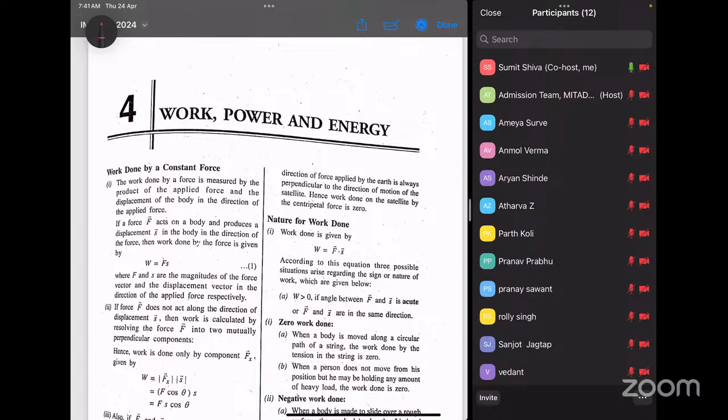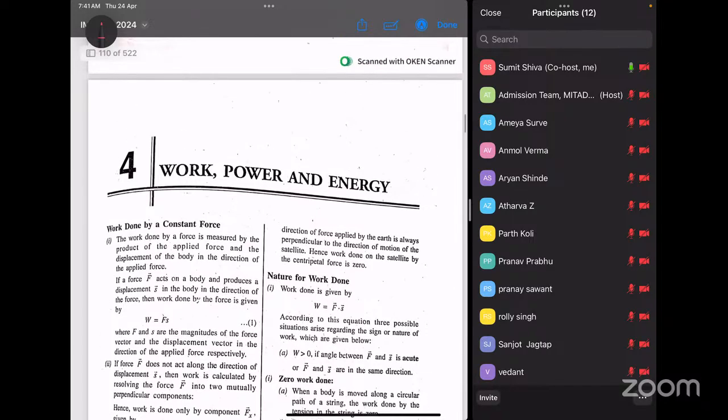So if you want to find out work done for any type of force, whether it is constant or variable, the formula will be work done W is equal to F vector dot S vector. In this formula, F vector is force, which is a vector quantity and will have some specific direction.